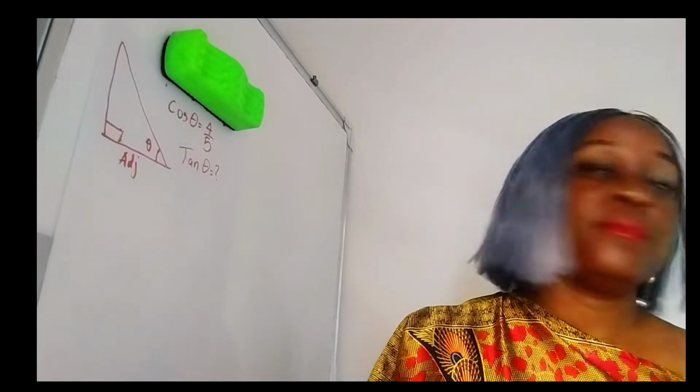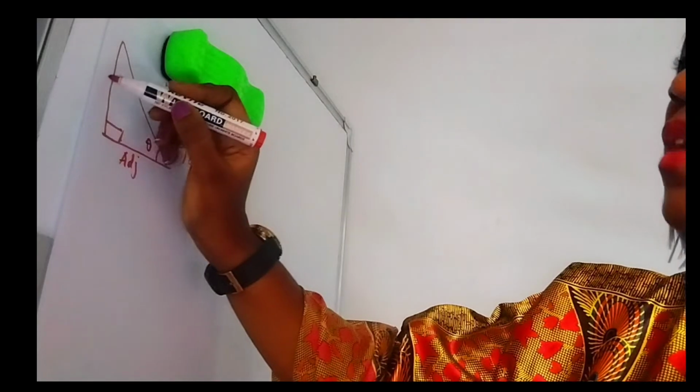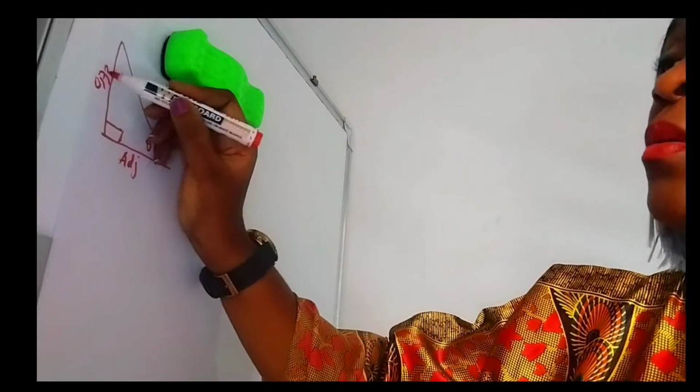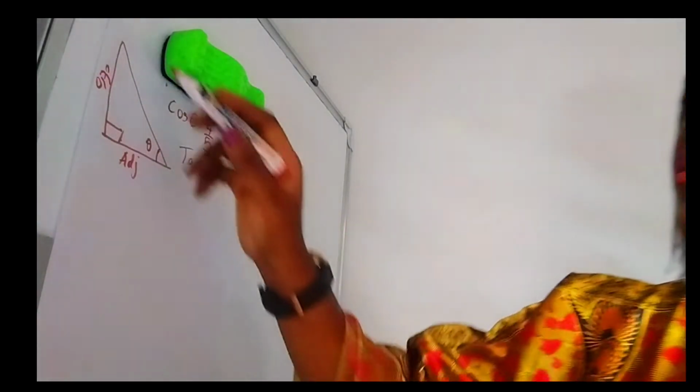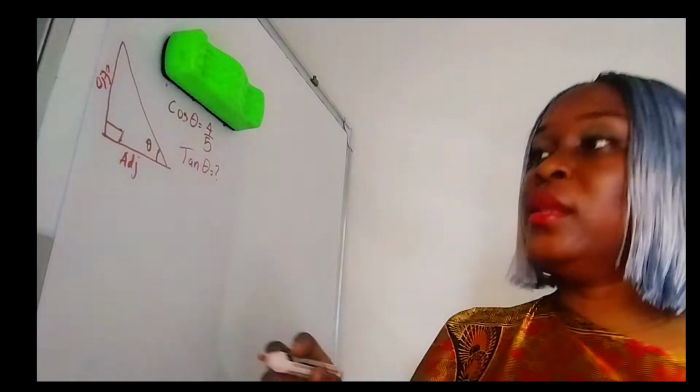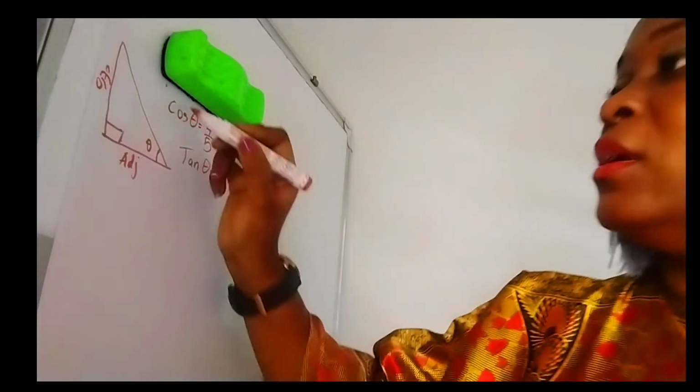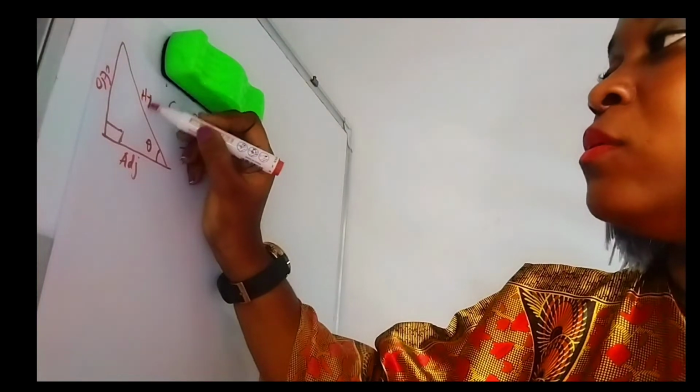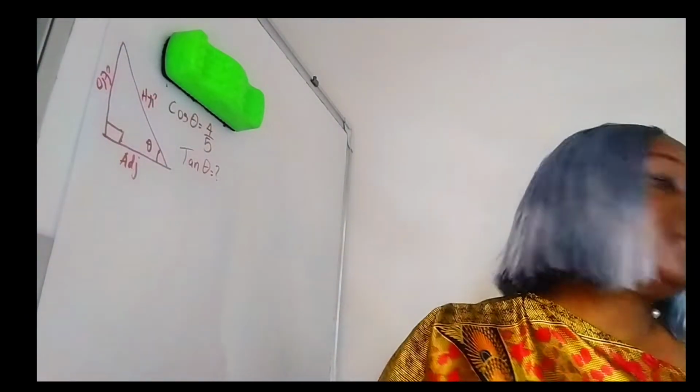The other side is known as the opposite, while the longer side joining the opposite and the adjacent is known as the hypotenuse.